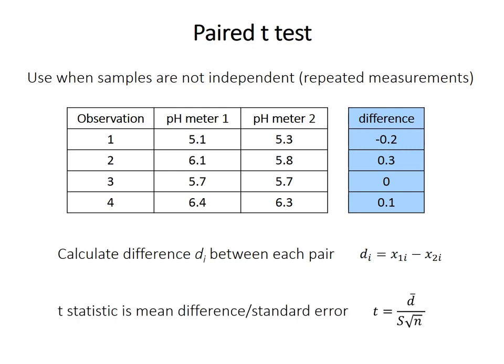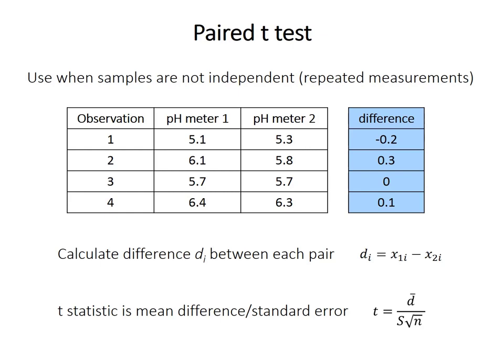So the t-statistic, instead of being the difference between sample means, is now the mean difference between paired measurements. And then, just like before, it's divided by the standard error. In this case, the standard error is also calculated from those differences and not from the raw data, and we can just divide by the square root of n. There's no need to worry about the pooled standard error because the number of observations is the same in each of our two measurement categories.